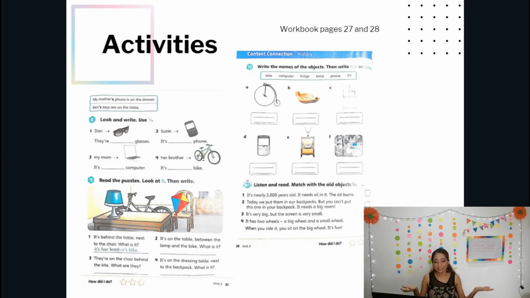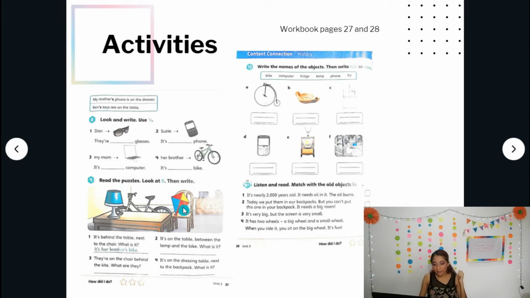What is it? And you need to answer by using a quién le pertenece, okay? It can be, it's Susie's phone, is Dan's glasses, is my mom's computer, and so on. Number 3, were they on the chair behind the kite?